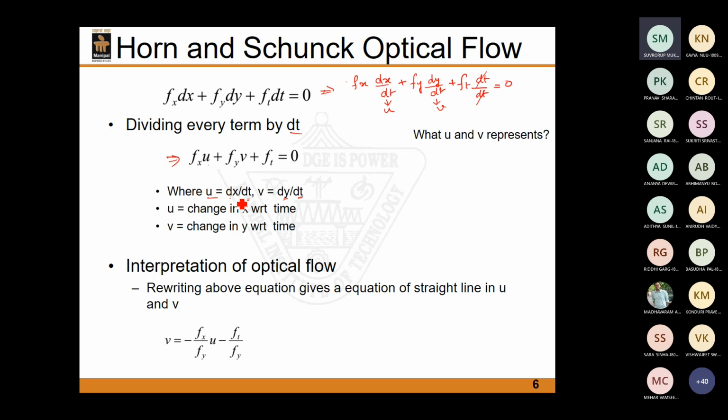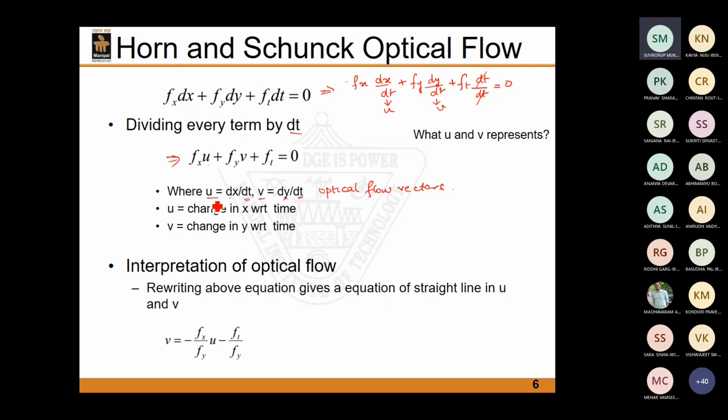So this u and v are my optical flow vectors, and it is this u and v value that I have to find in order to determine the displacement of each of the pixels when considering two frames. Remember that u and v are the optical flow vectors. Now we need to find the unknowns here, and the unknowns are u and v.